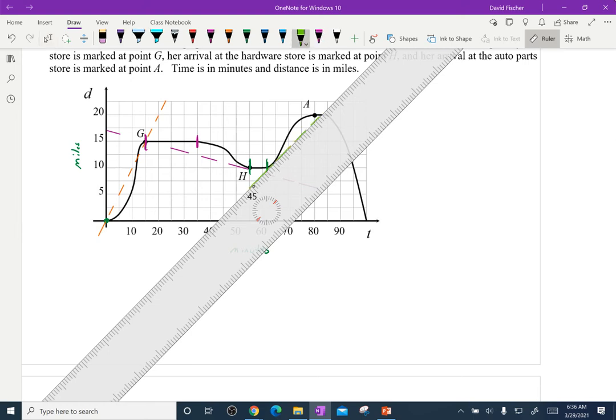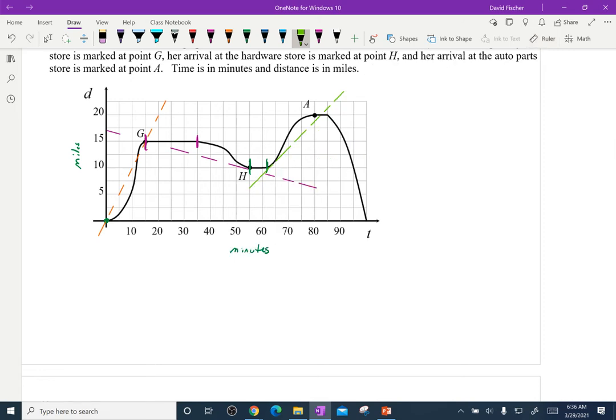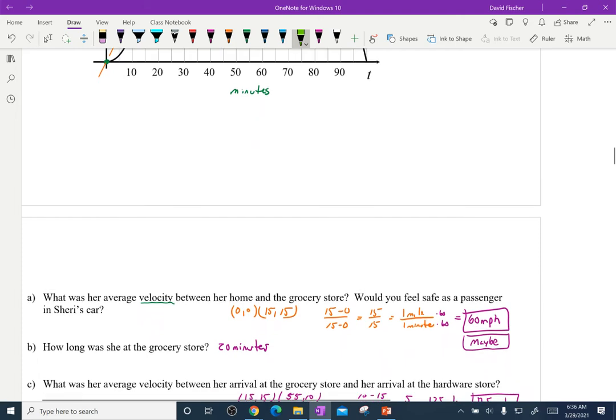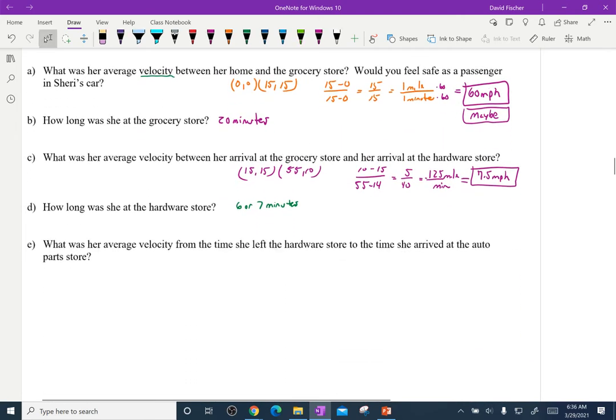It's going to be something like that. My A is off a little bit there. Let's call it 62, unless she was there for 7 minutes. So 62.